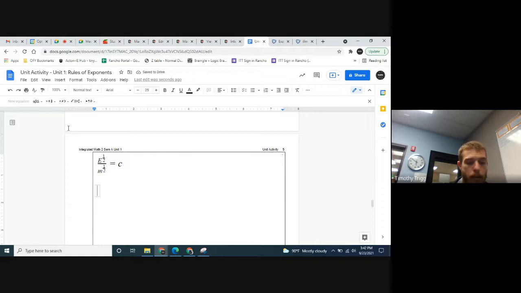Then we're going to write e to the power of, so I hold shift, press 6, that gives me the exponent, to the power of 1/2. So I'm going to press 1, press right, press 2, so I've got e to the power of 1/2. I'm going to press right, and then press right one more time. Then m to the power of, so shift, press 6, power of -1/2.